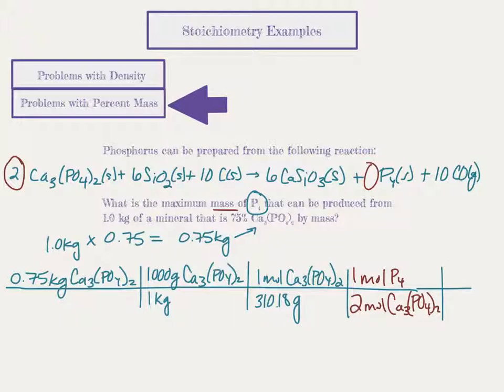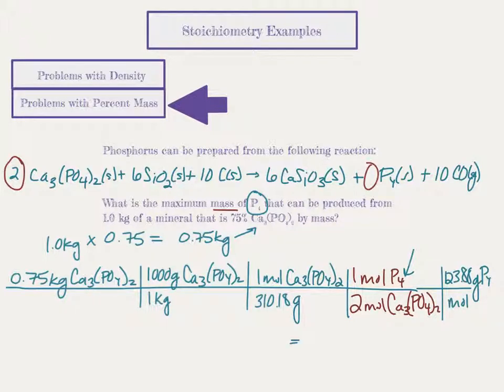And multiply by the molar mass of phosphorus. This guy seems to have 4 phosphorus atoms in that phosphorus molecule, so I'm going to go ahead and multiply times 4 to get 123.88 grams of phosphorus for every mole.